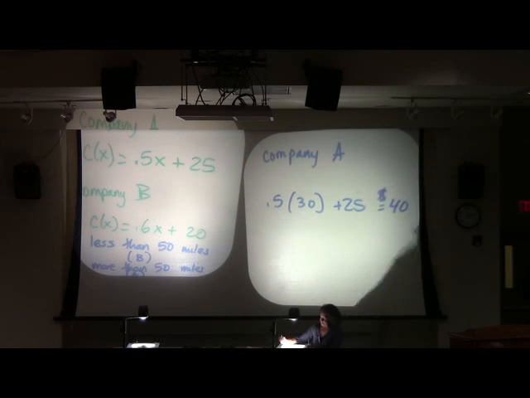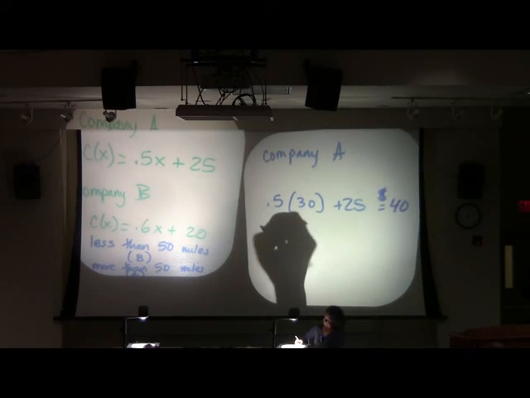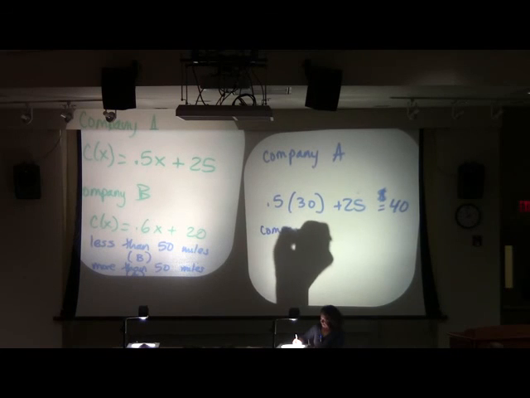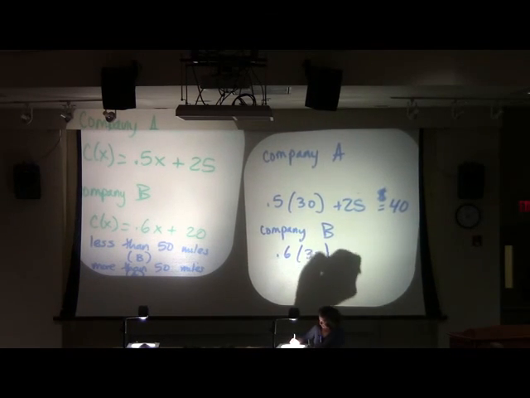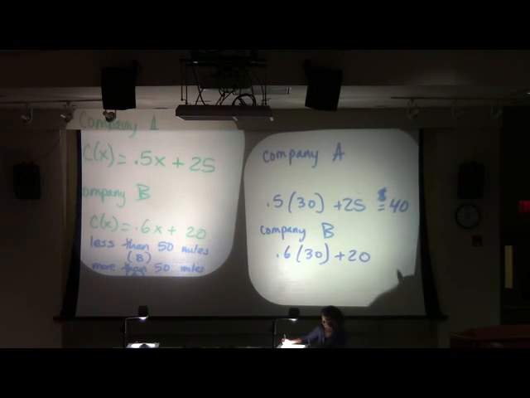I claim it would be 40 bucks. With company B, you would take 0.6 times 30 plus 20. And what do you get there? $38. So we save $2 by going with that other company.